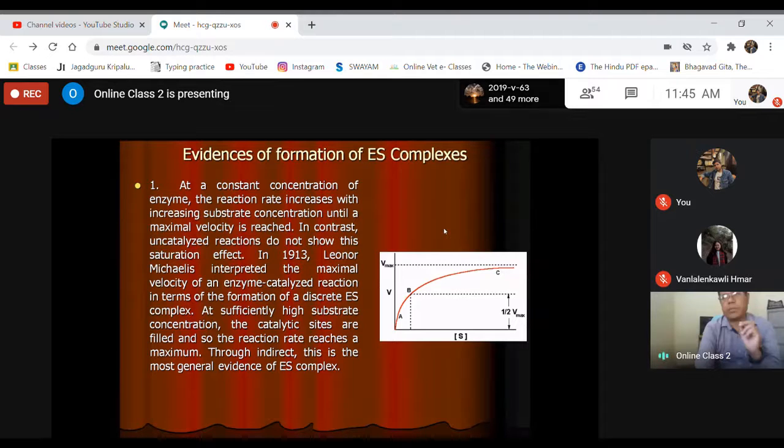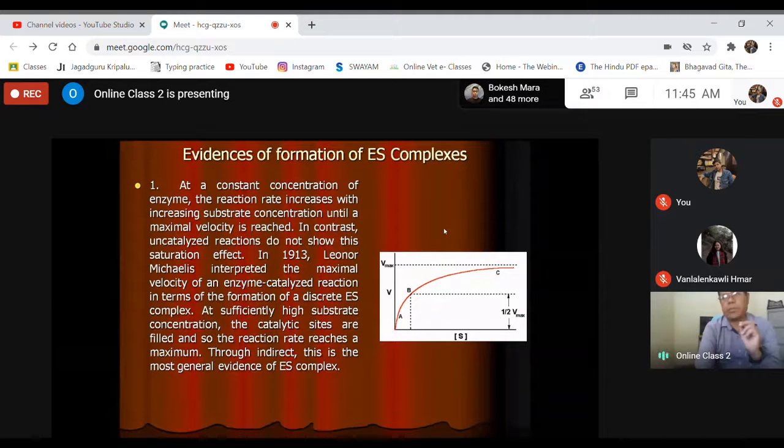In 1913, Leonard Michaelis interpreted the maximum velocity of an enzyme catalyzed reaction in terms of the formation of a discrete ES complex. At sufficiently high substrate concentration, the catalytic sites are filled, so the reaction rate reaches a maximum. This is indirect, but it is the most general evidence for the formation of the enzyme substrate complex.